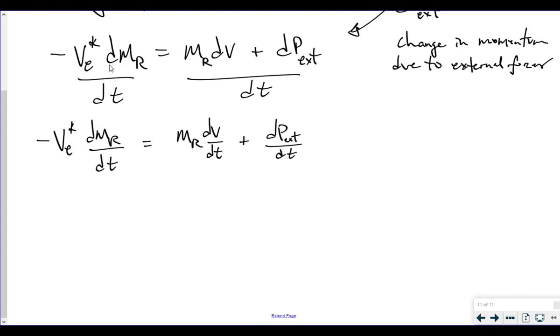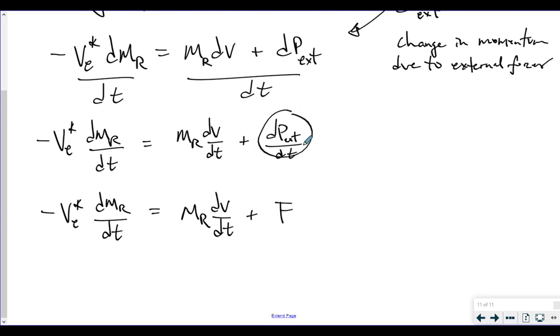So now that I know that each of the terms here have units that correspond to units of force, that could be newtons, also could be pounds. So let's write it as negative VE star, mass of the rocket, change in the velocity over time, or the acceleration, plus this guy, some external force.